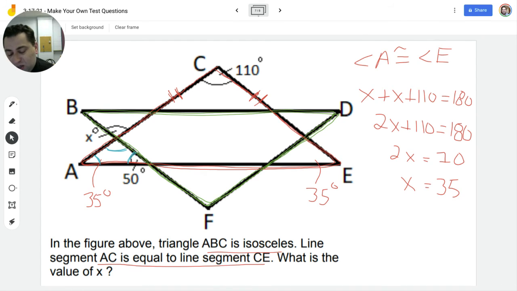So let's do that. So I know that 180 minus 50 plus 35 is going to give me the missing angle. So 50 plus 35 is going to be 85.